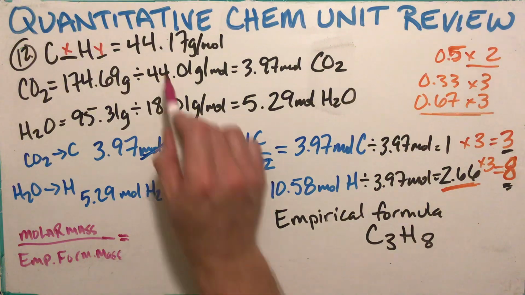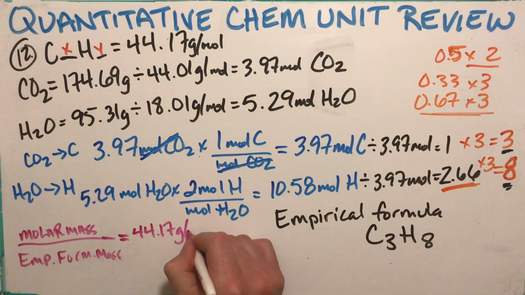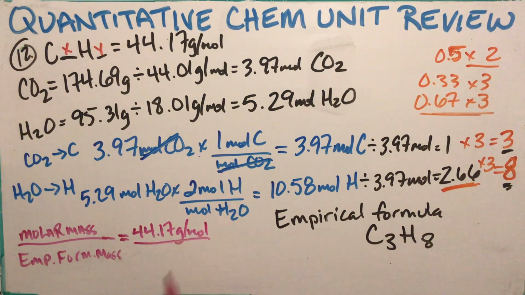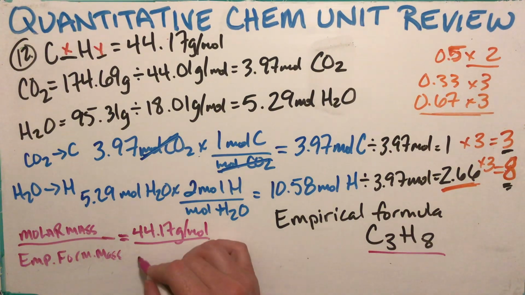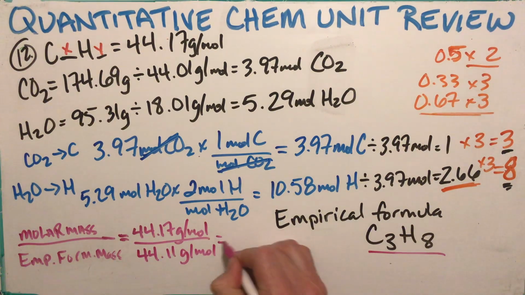The molar mass was given, it's 44.17 grams per mole. And my empirical formula mass I get from this. Using the periodic table, 3 carbons, 8 hydrogens, add that together, and it's 44.11 grams per mole.